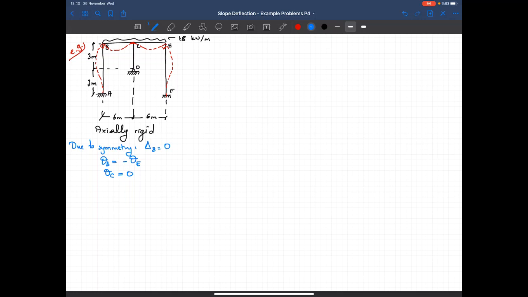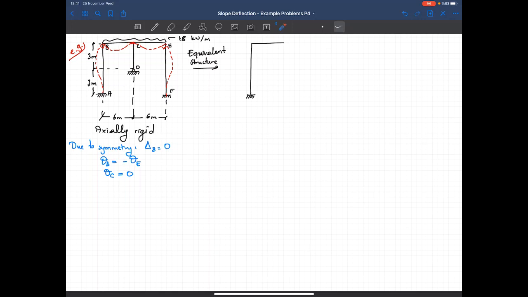Now at this point I started to think, what is the simplest way of analyzing this structure? For me it is to generate the equivalent structure that will give me the same deformed shape. So I divide this structure from the symmetry axis, and then whatever I have as the boundary condition, I put it in here.